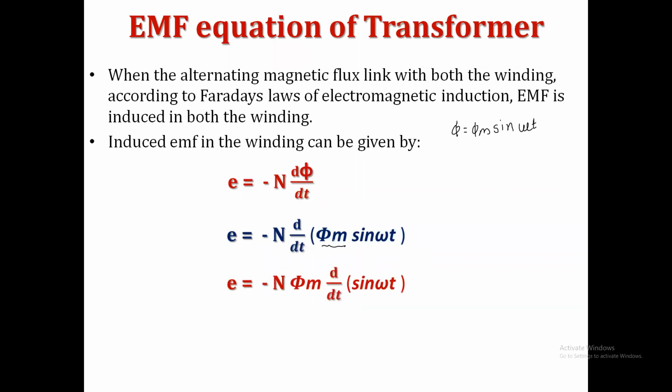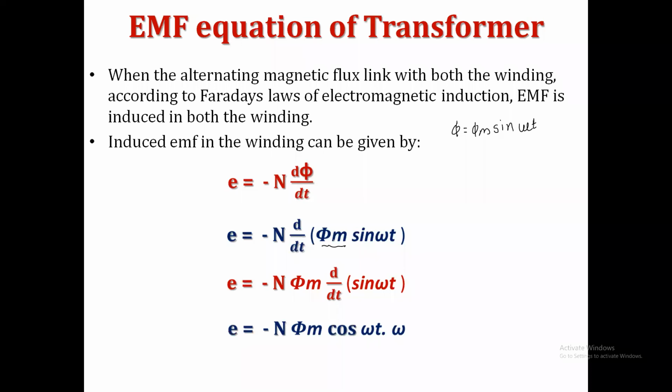Omega into cos omega t. Okay. So now when you take the derivative of sine omega t with respect to t, it comes minus N phi m as it is, and the derivative of sine omega t is cos omega t into omega.